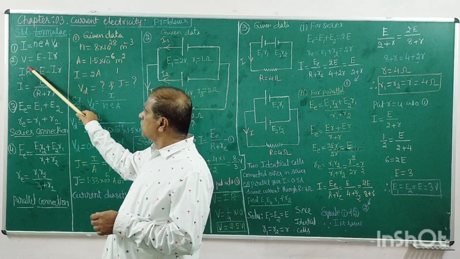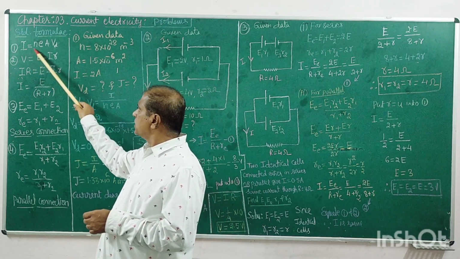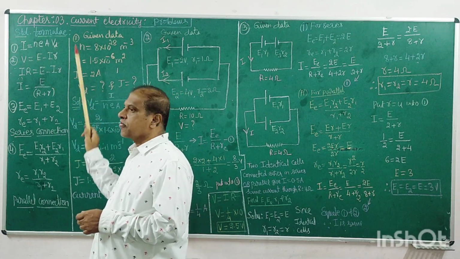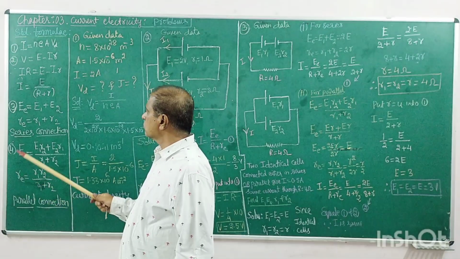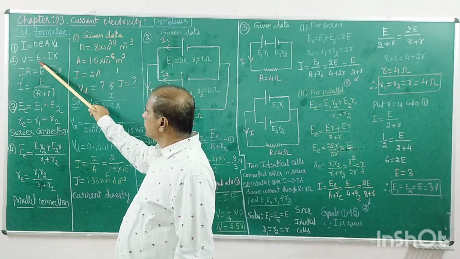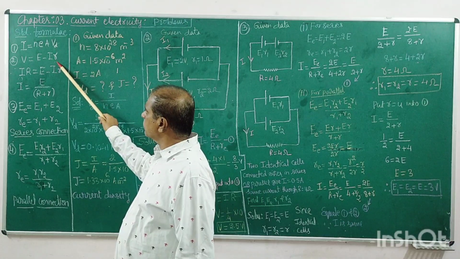And equation 2, this is a relationship. The equation says the relationship among the different parameters. The second equation, V equals E minus Ir.